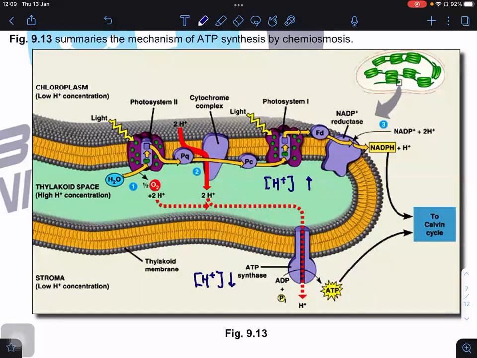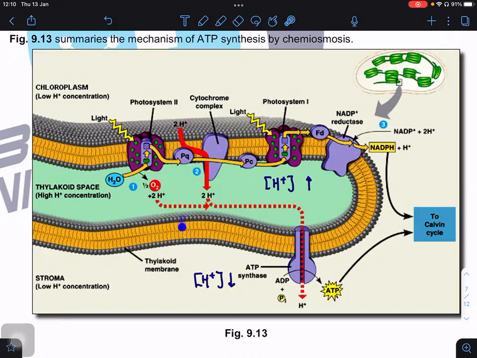This proton concentration is further increased by the photolysis process, which also gives out protons. Due to these two processes, the transfer of protons from the stroma into the thylakoid space and the protons released from photolysis of water, there is a high concentration of protons inside the thylakoid space and a low concentration at the stroma.